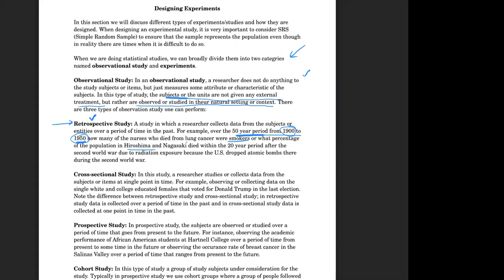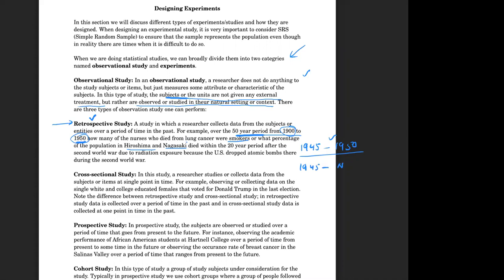Let's say you collect data from people who survived the atomic disaster that happened there, and you study their lives from 1945, when it happened, up until 1950, or whatever time period is of your interest, or in theory from 1945 up to now.